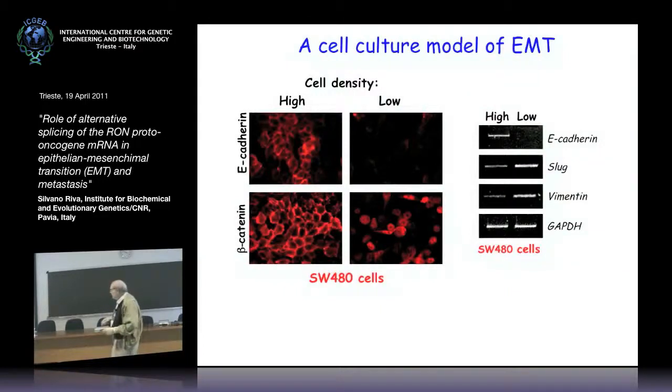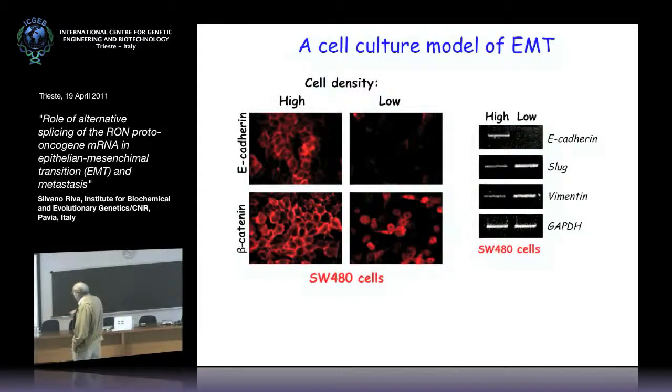It turns out that there is a very simple model for reproducing the EMT transition. And it is to take these colon carcinoma cells, culture, and grow them at high density or low density. So these cells at high density are of the epithelial type.